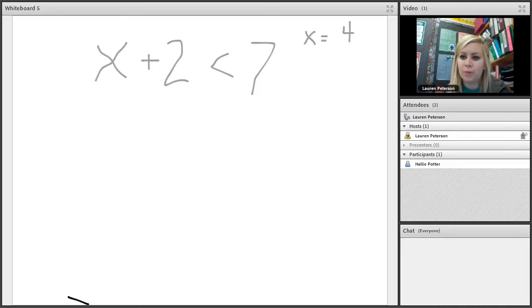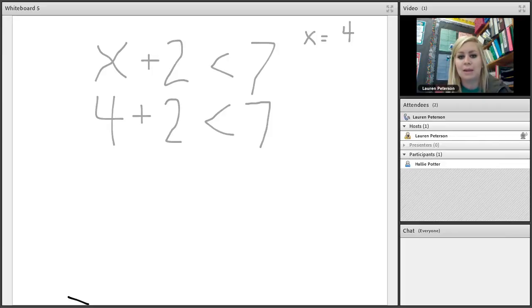Okay, remember you're going to fill in the value of x for 4, or 4 for x, and then I'm going to carry my work down. Remember, good mathematicians are going to line up their work so it's easy to follow. And then I'm going to solve. 4 plus 2 equals 6.